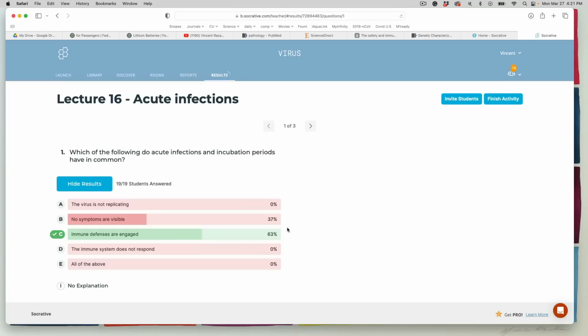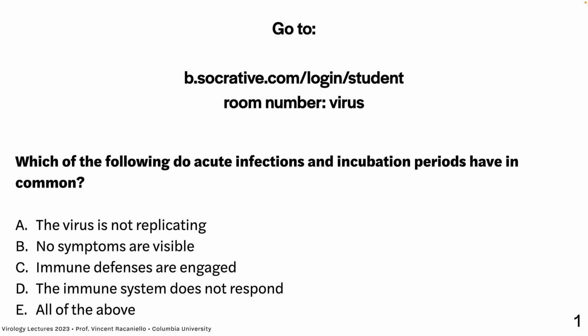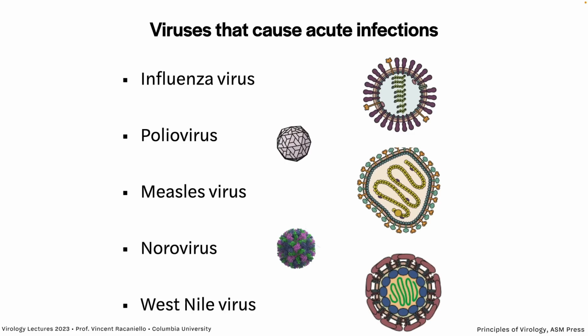Certainly that's the case for an incubation period. I totally agree. But there are some points in an acute infection when symptoms are visible. So that's not right. And you can only pick one, so immune defenses are engaged in an incubation period and an acute infection. Both of those are correct. It's a tough question. I agree. Even I had to think about it a bit. And I made it up.